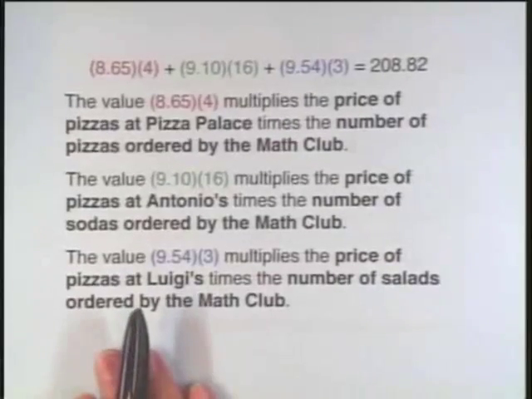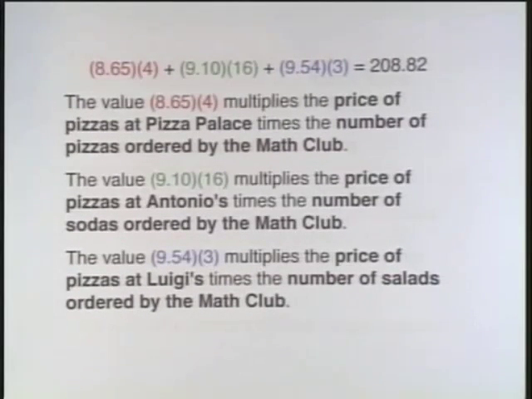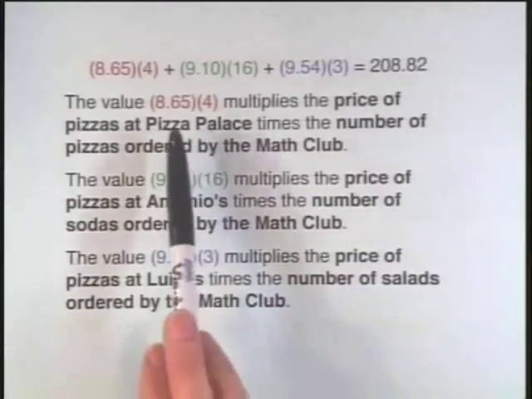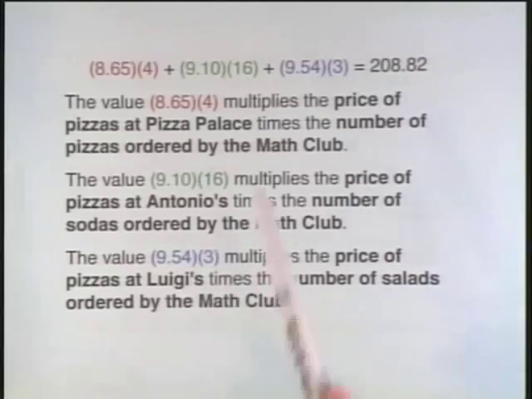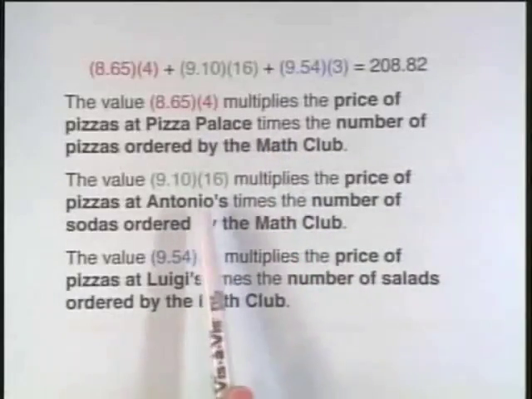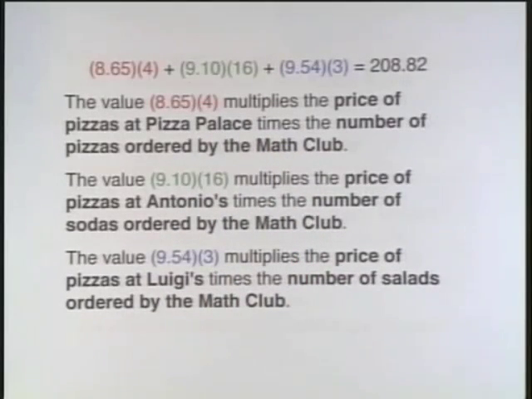Let's examine the numbers that contribute to the value 208.82 very carefully. The value 8.65 times 4 multiplies the price of pizzas at Pizza Palace times the number of pizzas ordered by the math club. The value 9.10 times 16 multiplies the price of pizzas at Antonio's times the number of sodas ordered by the math club.